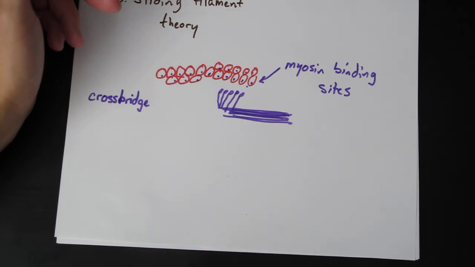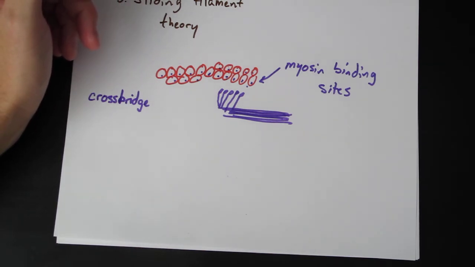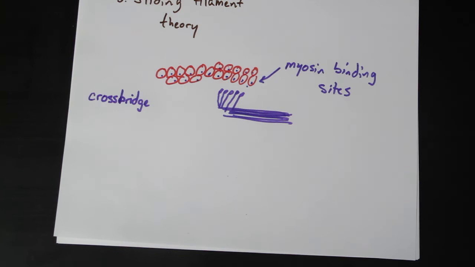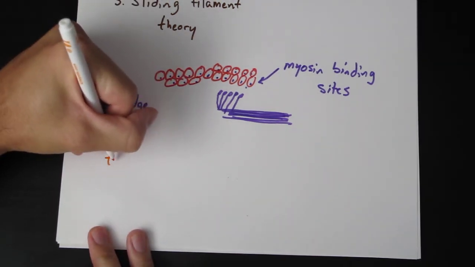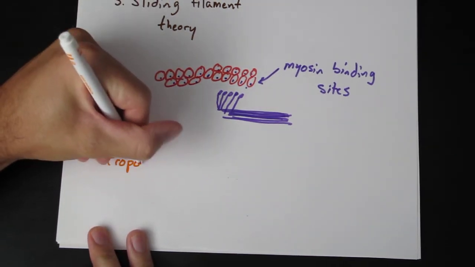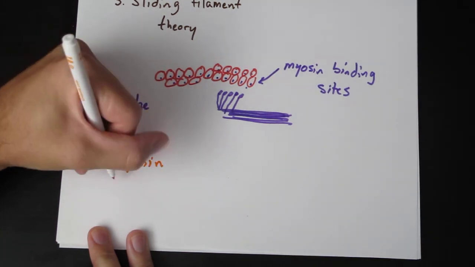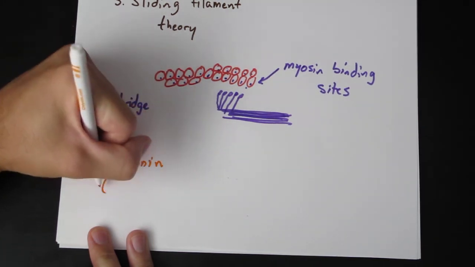Now, they have the ability to do this, but in a relaxed muscle cell, one that has not been stimulated to contract, they're actually prevented from doing that. And they're prevented by a couple of proteins that we need to talk about. Remember we talked about these accessory proteins. We talked about the protein troponin, and we talked about the protein tropomyosin.